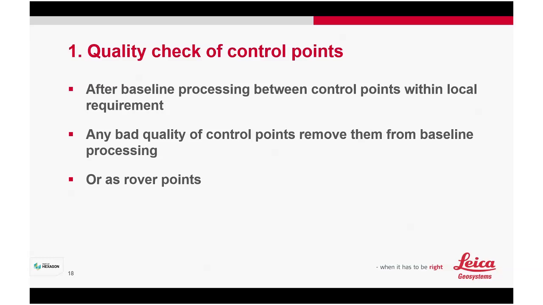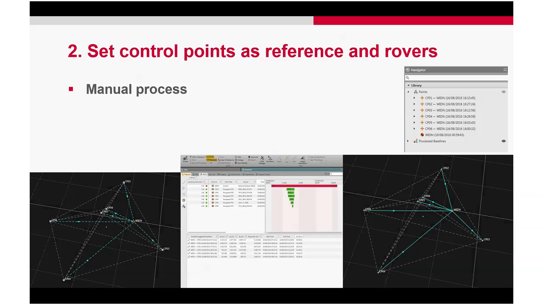If the control point checking is good, then we can go to the reference and rover measurement, just like what we did just now. We set the reference and the rover, process, and store it. Then all individual unknown points should have the fixed solution.